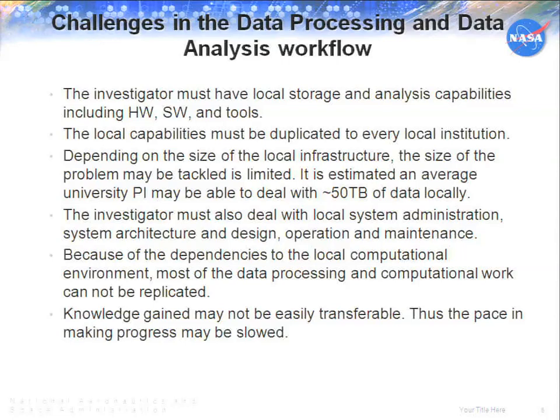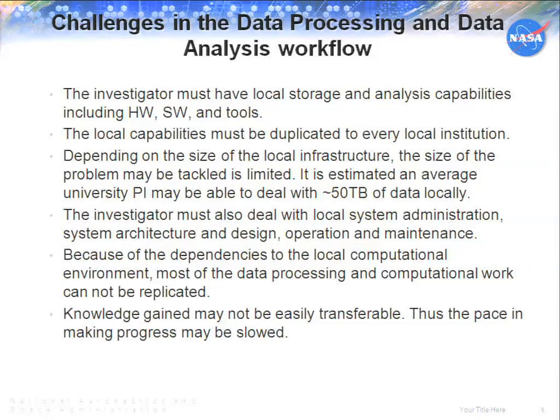And the local capability must be duplicated for all the PIs, every institution. So it's very repetitive and very costly. And I talked about the 50 terabytes of data. That's probably the maximum you can deal with.